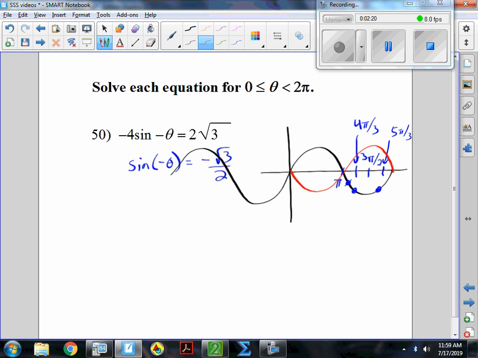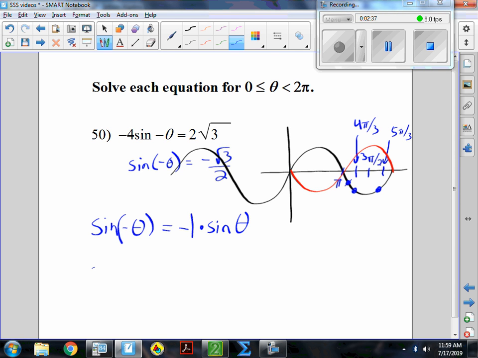You could also use your even and odd identities. Sine is an odd function, so sine of negative theta is equal to -1 times whatever the sine of theta is.